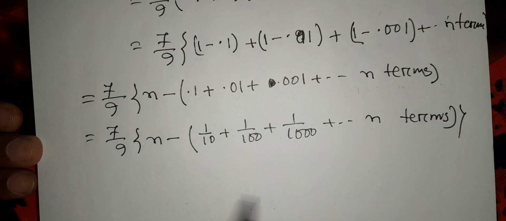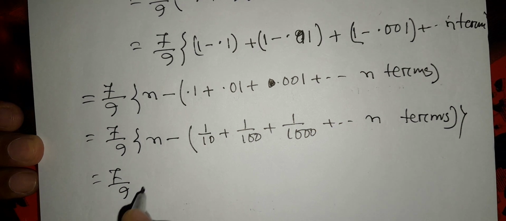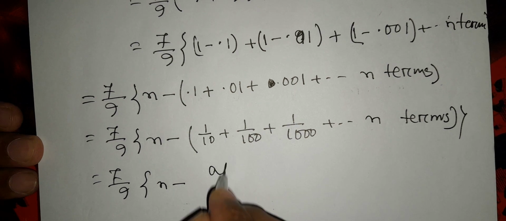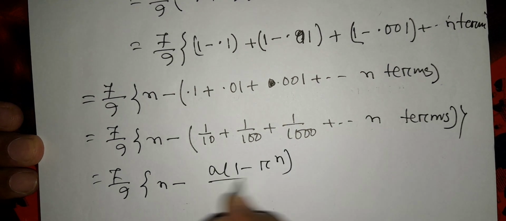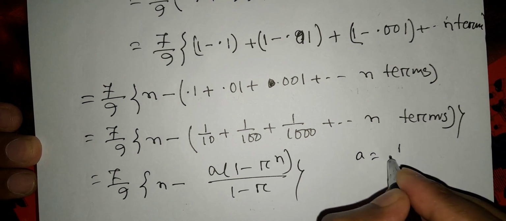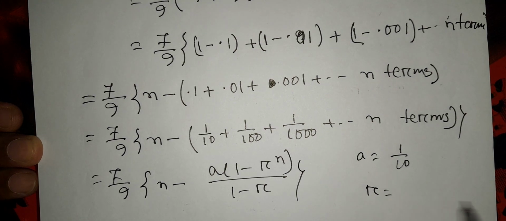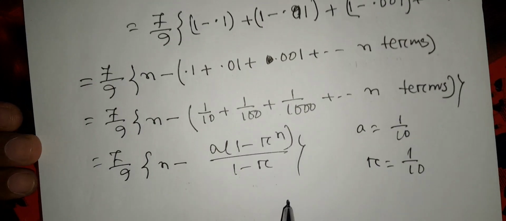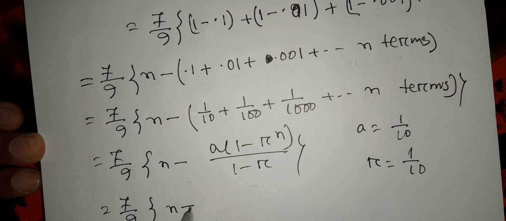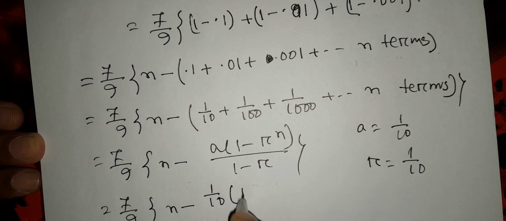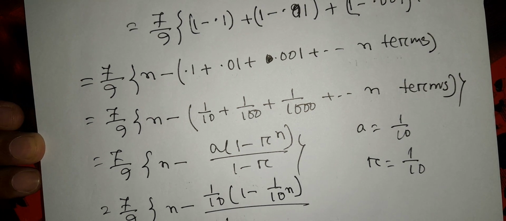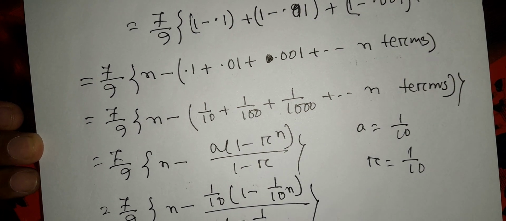Okay, now we can use the summation formula: a times (1 minus r to the power n) by (1 minus r). Here a equal to 1 by 10, r equal to 1 by 10. So we can write n minus 1 by 10 times (1 minus (1 by 10) to the power n) by (1 minus 1 by 10).